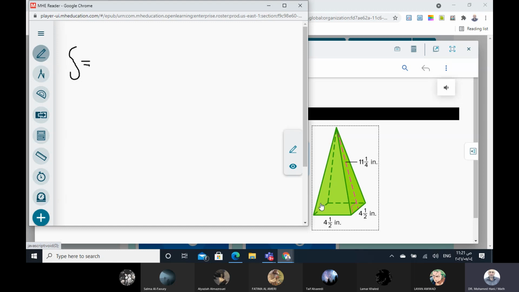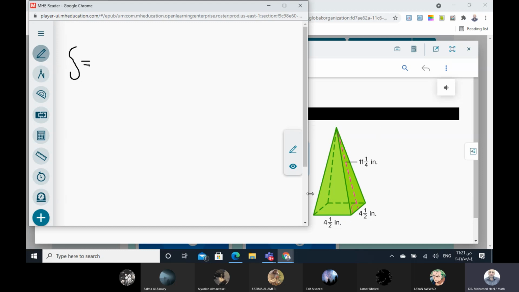If the base of the pyramid is a regular polygon, you will get 4 congruent lateral faces. This face is a triangle, congruent with this face, also a triangle, congruent with this face, also a triangle, congruent with this face, also a triangle.